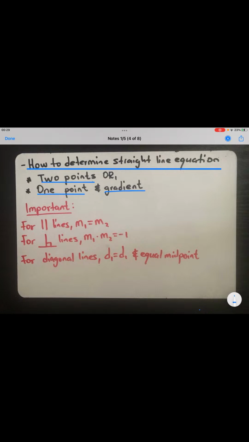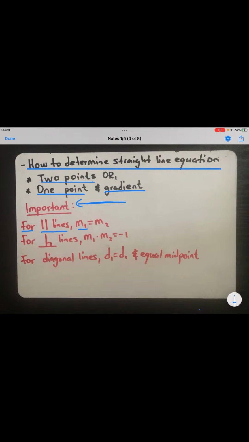So there I've got some important information, honorable members, where I'm saying for parallel lines, the gradient of line 1 is the same as, or equals, the gradient of line 2.